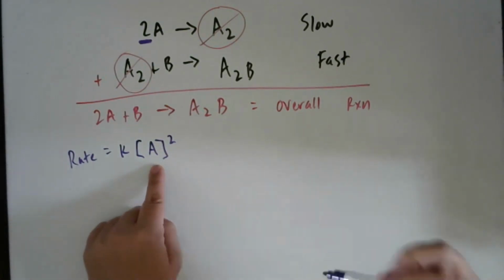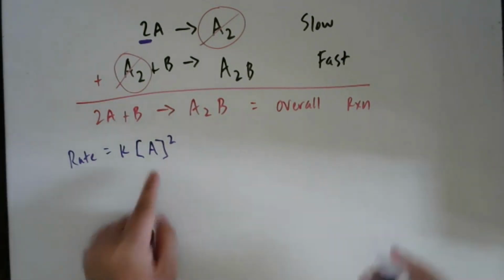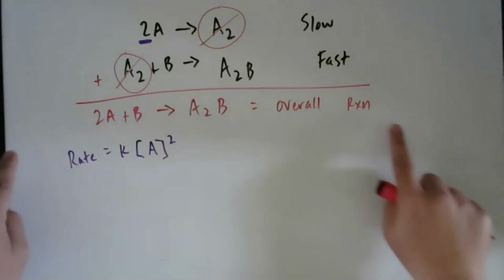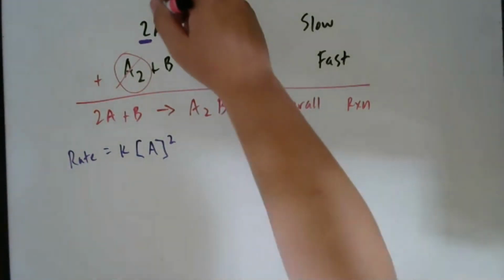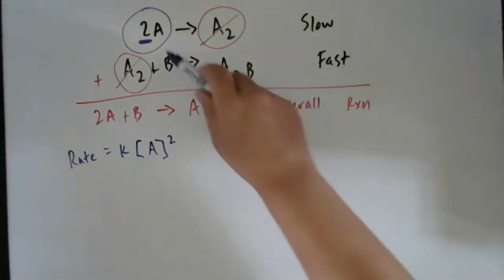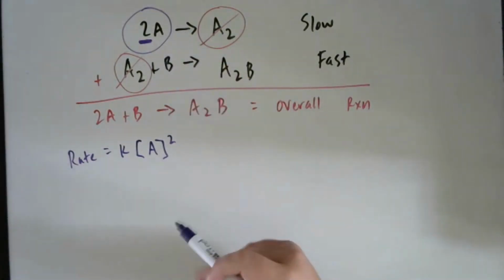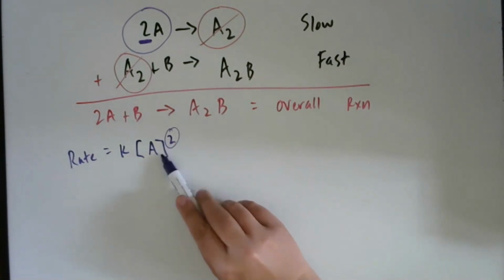You can only do this when it is a step in a mechanism. You cannot do this if you're looking at an overall reaction. But because we're looking at these mechanism steps, we're able to say, I have a 2 in front of the A, so this is going to be the exponent that gets attached to this particular reactant.